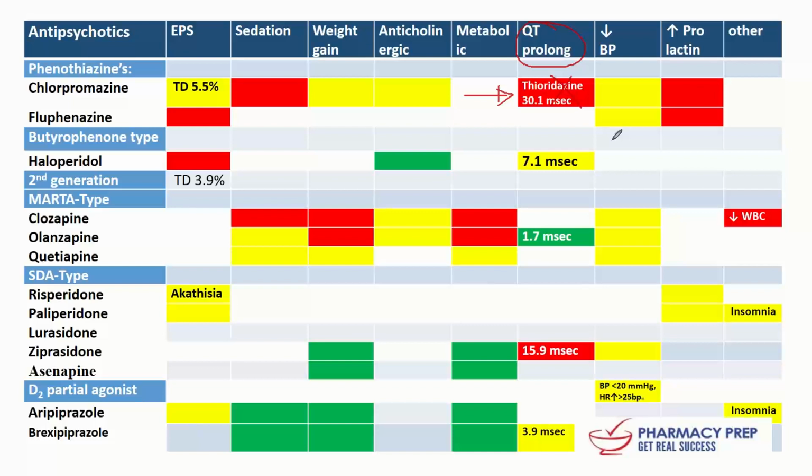Since antipsychotics are one of the classes of drugs known to have higher QT prolongation, along with other classes such as antiarrhythmic drugs, antibiotics such as macrolides, and drugs such as fluoroquinolones, they are also known for higher prolongation. Especially with any drug that has QT prolongation, it's better to avoid another drug that also has a QT prolongation side effect.